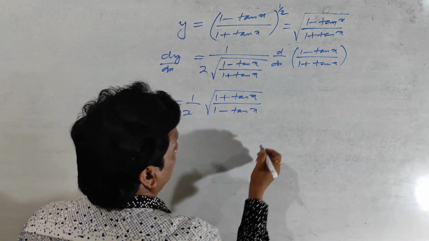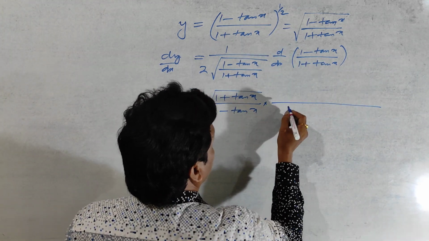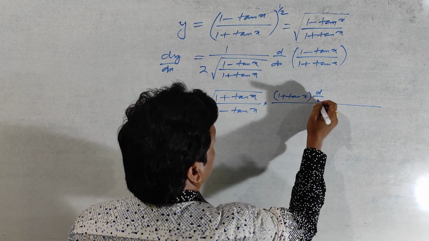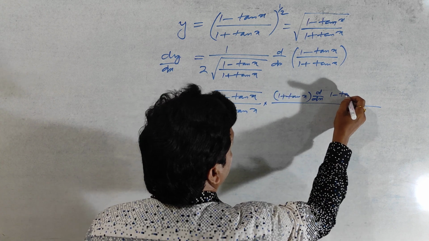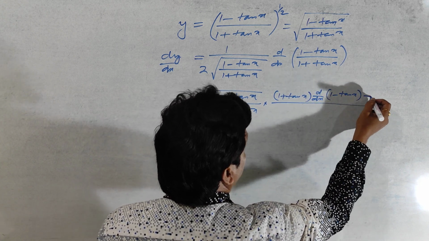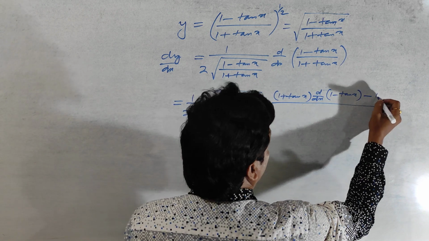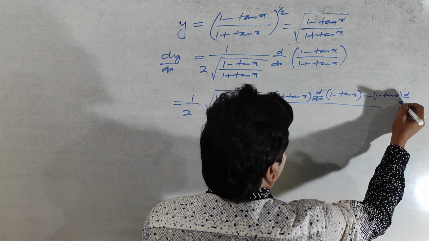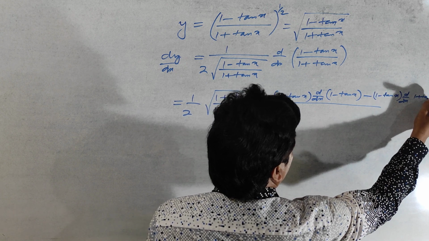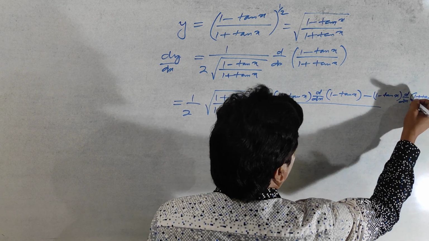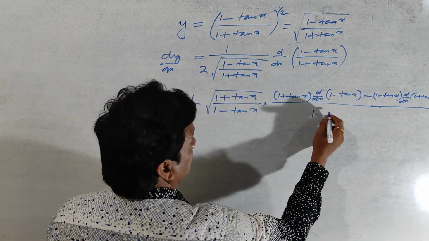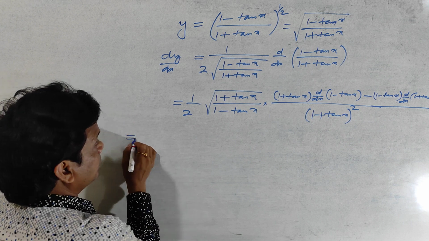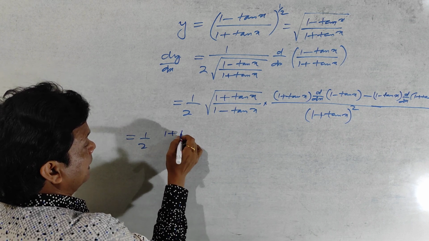This is in the form of u by v. So 1 plus tan x, v into the derivative of u, 1 minus tan x, in minus u, 1 minus tan x into the derivative of 1 plus tan x, divided by v square, square of 1 plus tan x. So simply 1 by 2, 1 plus tan x.